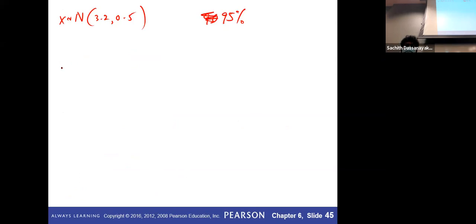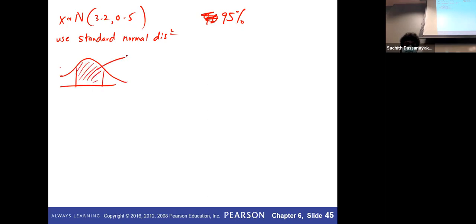So I'm going to use the standard normal distribution. It doesn't matter about the values. If I consider the area, here it is also 0.95. So I need to find these values here, let's say C1 and C2. Now I'm considering the standard normal distribution.